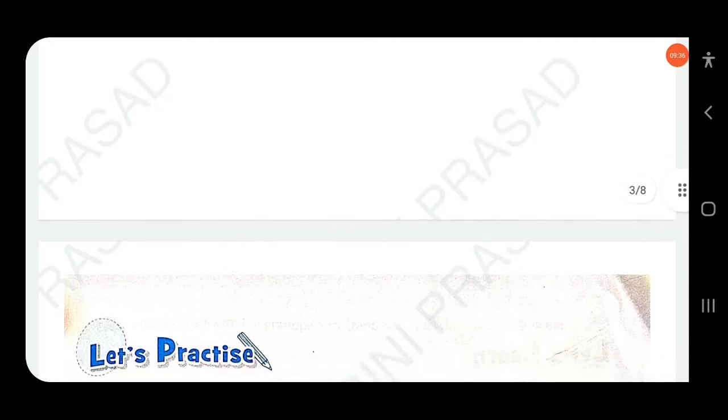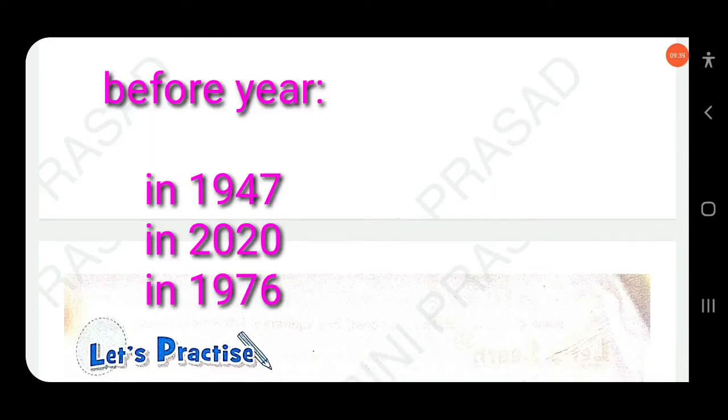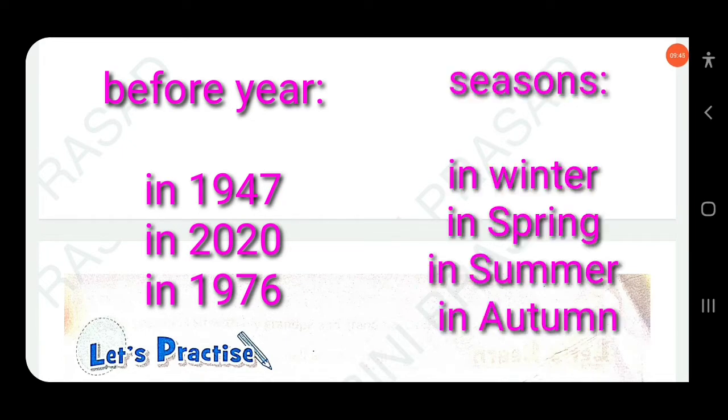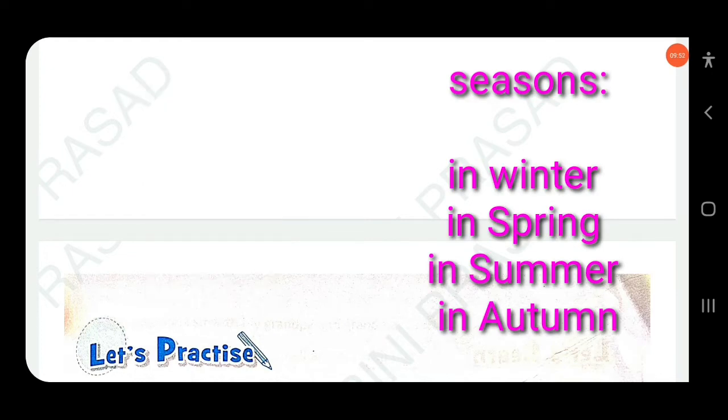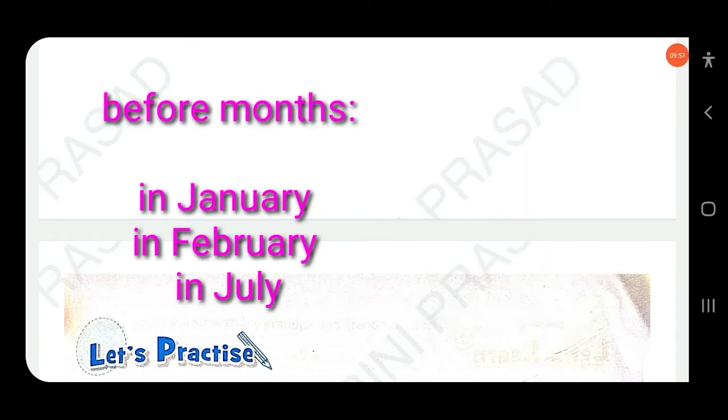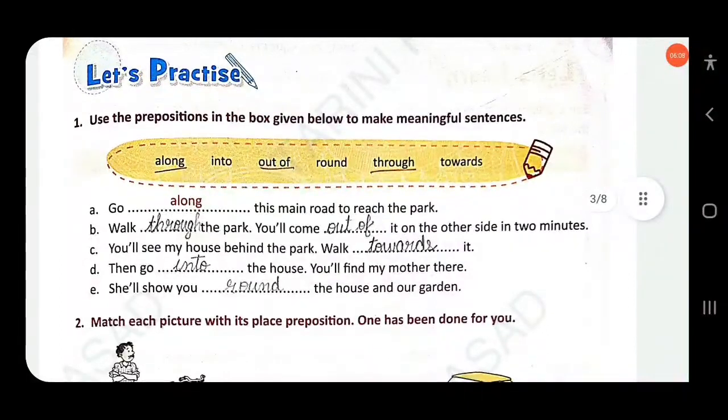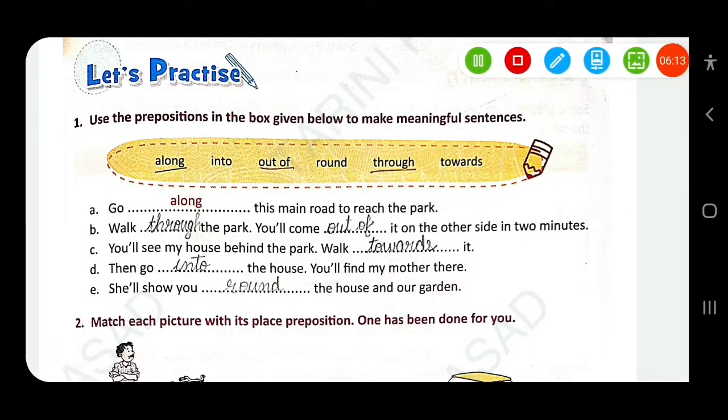Similarly we use "in" before years: in 1947, in 2020, in 1976. We also use "in" before seasons: in winter, in spring, in summer, in autumn. Similarly we use "in" before months: in January, in February, in July. Okay, clear?